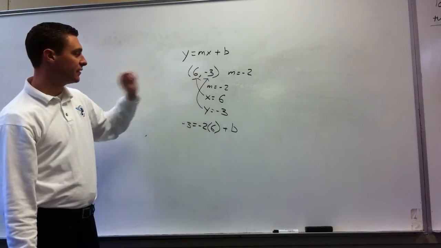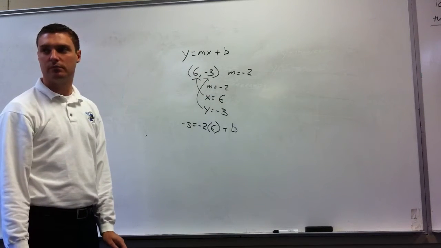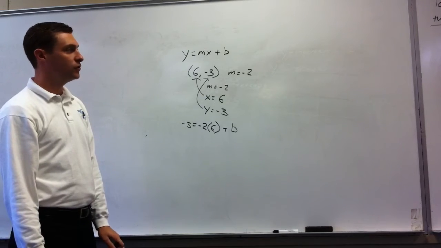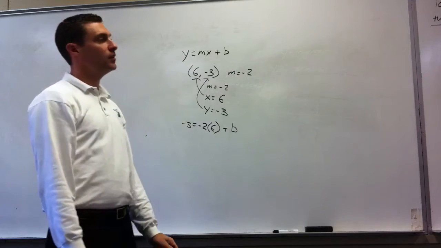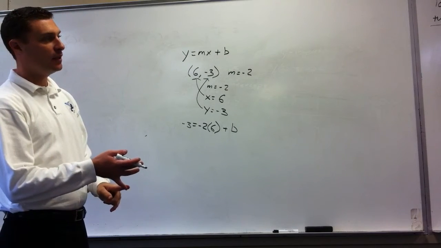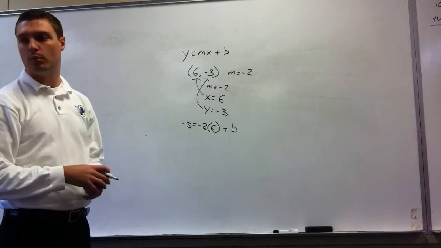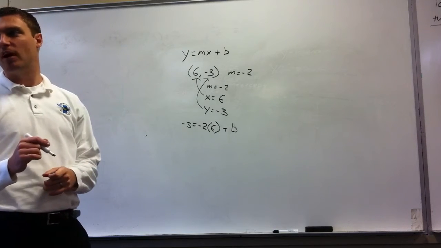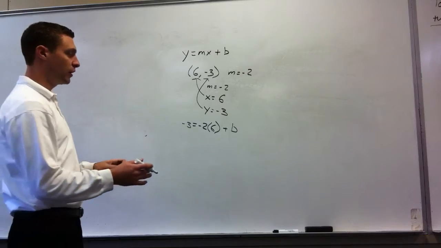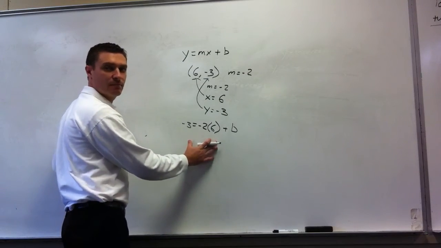And x is 6 plus b. Okay? So looking at our rules to find b, this is what we just did on step 1: plug in slope for m and get your x and y values from the point. Step 2 says to simplify and solve. So we're going to take this and simplify and solve.